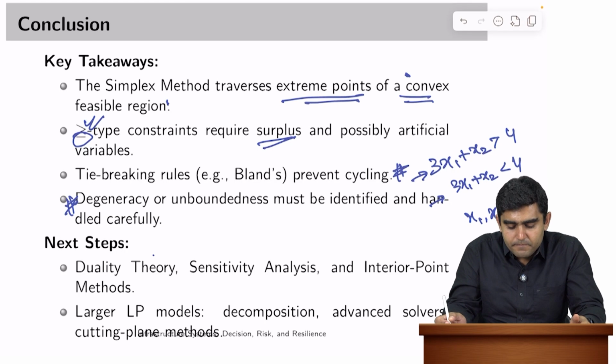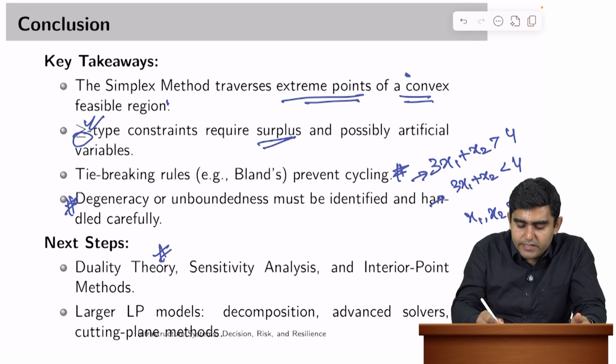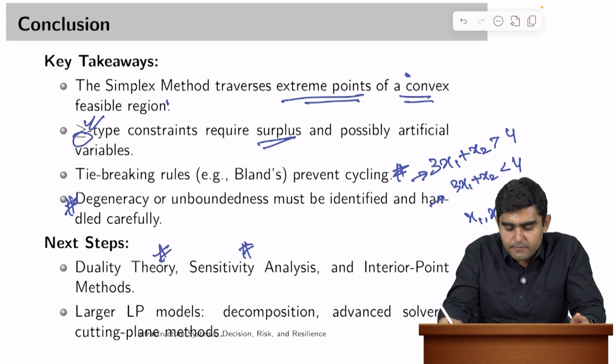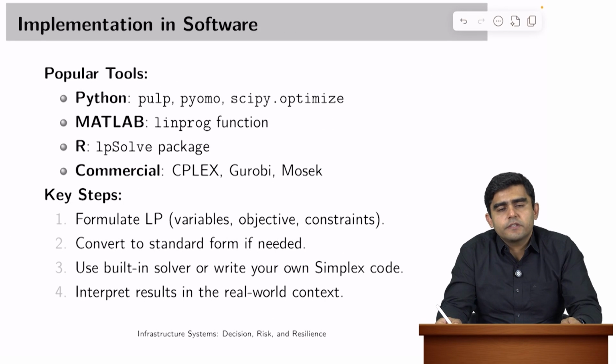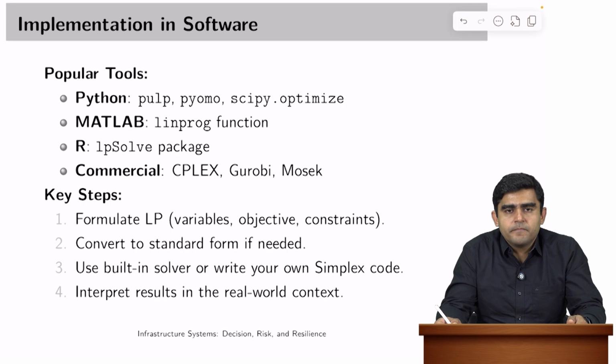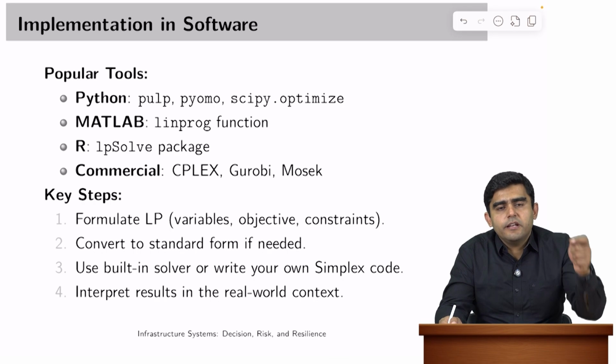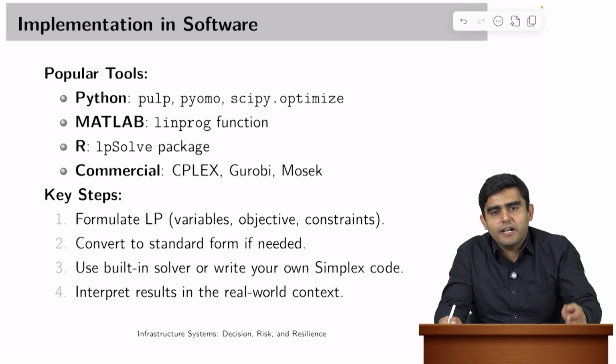Going forward, we will learn about duality theory and sensitivity analysis as applied to the simplex method. Also, those who want to use these techniques at a research scale or commercial scale do not necessarily have to do iterations by hand always.